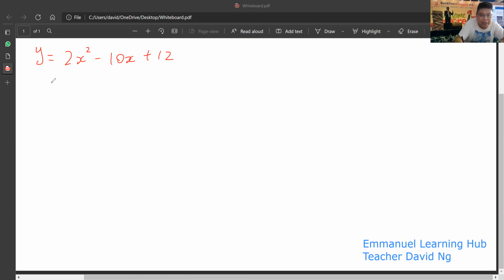So one of the faster ways is to complete the square. To complete the square, the coefficient of x squared must be 1, so I take out my 2.